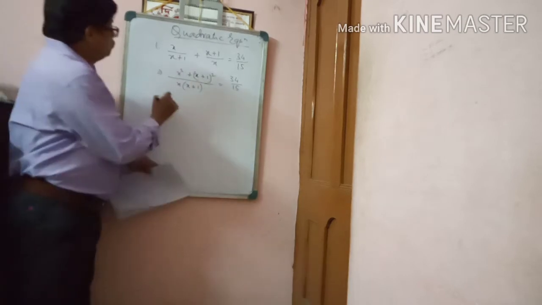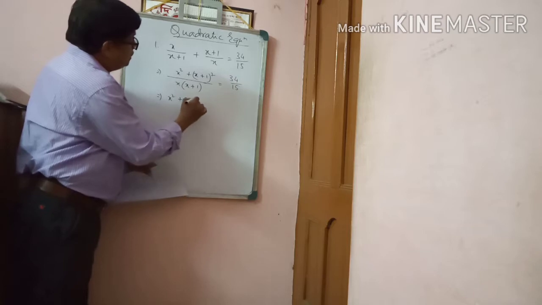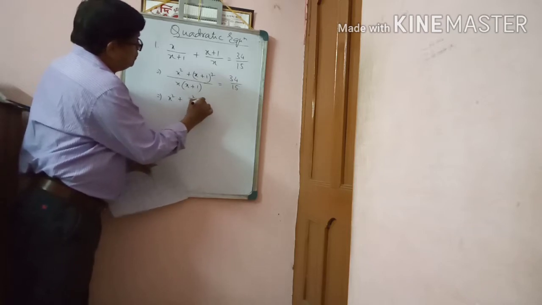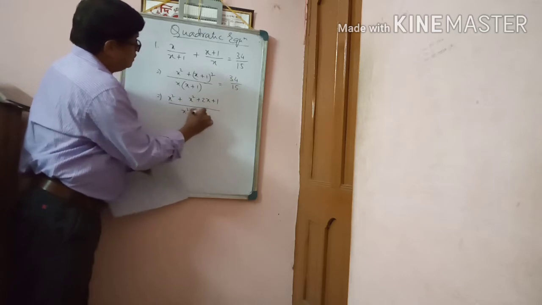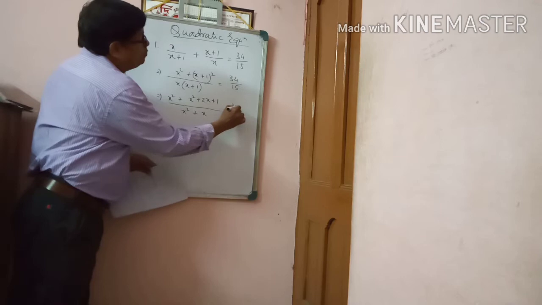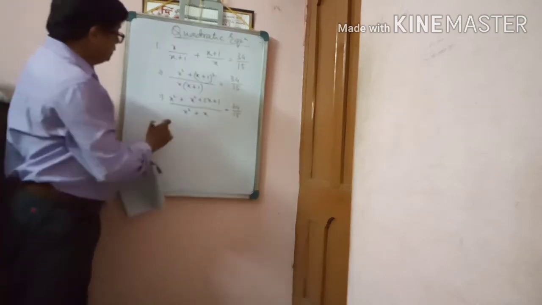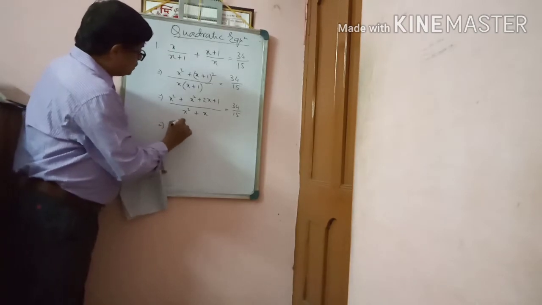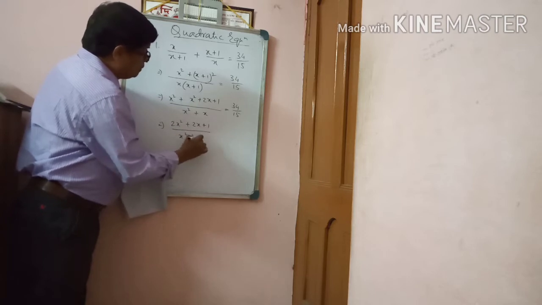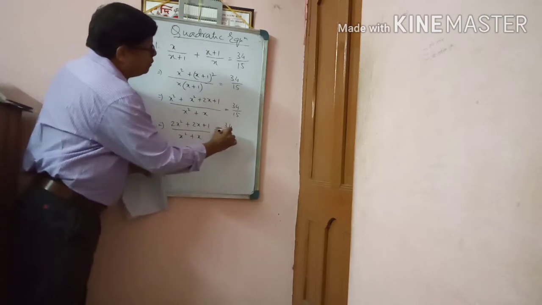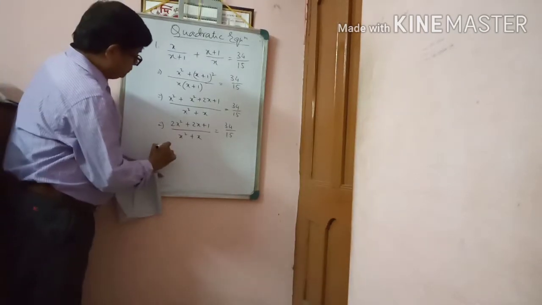Write x square plus twice x plus 1 by x square plus x equal to 34 by 15. So write 2x square plus twice x plus 1 by x square plus x equal to 34 by 15. Now cross multiply.